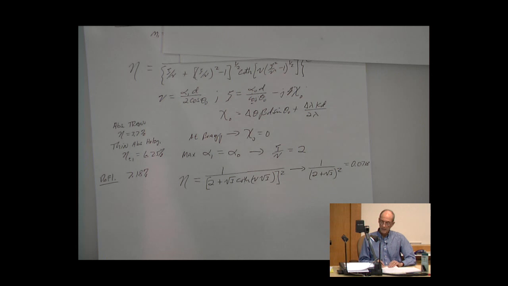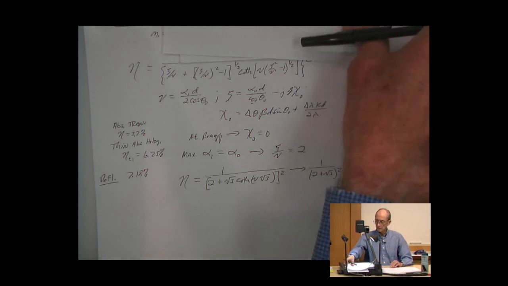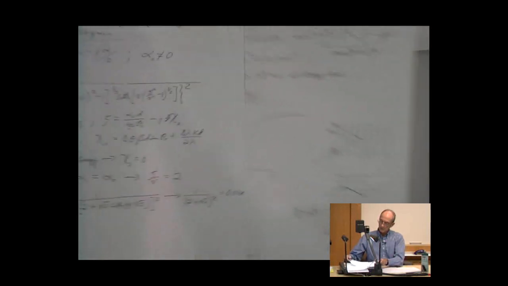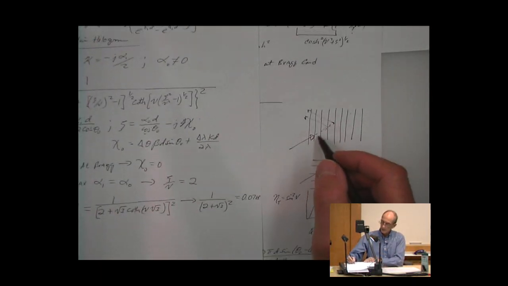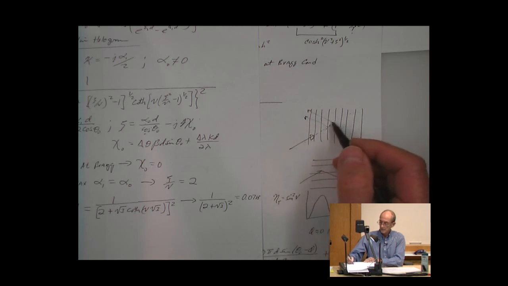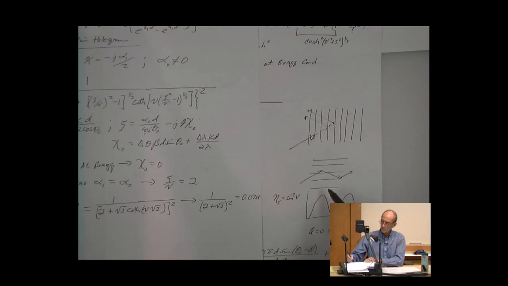Okay? So we get a higher efficiency for the reflection hologram. And again, we can think of the reason for that as follows: in the reflection hologram, the beam is being depleted and it's passing through that medium in the back direction, whereas in the transmission grating, the diffracted beam has to pass through the entire thickness of that grating.